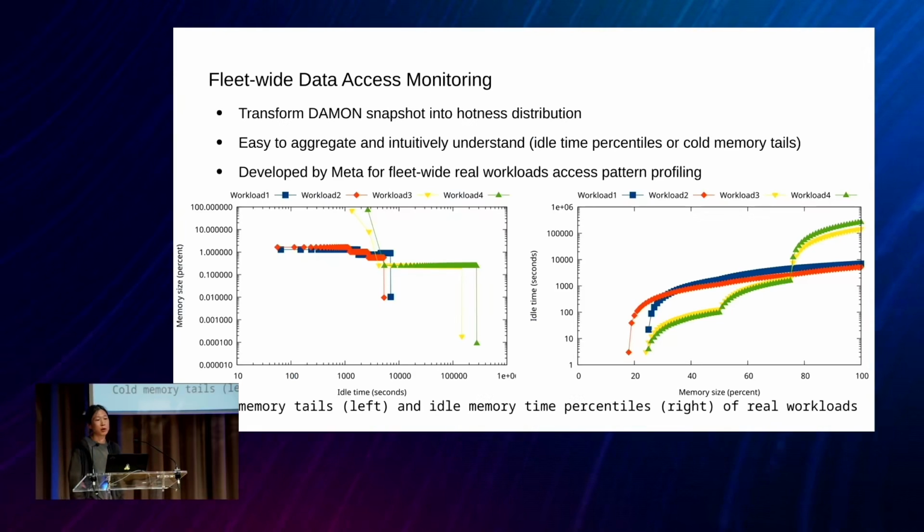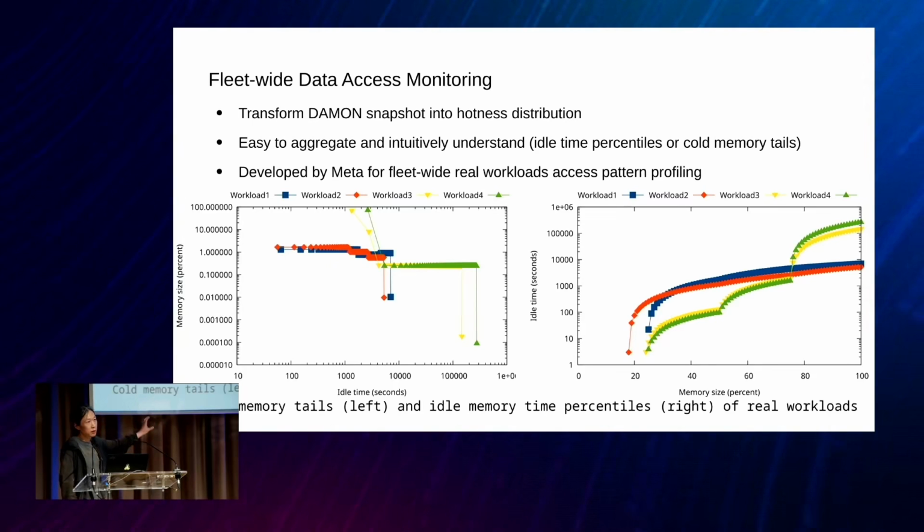And also, we have recently worked on implementing DAMON features for more fleet-wide data access monitoring. That is, the data access monitoring results of DAMON show where, when, and how frequently the given memory was accessed.